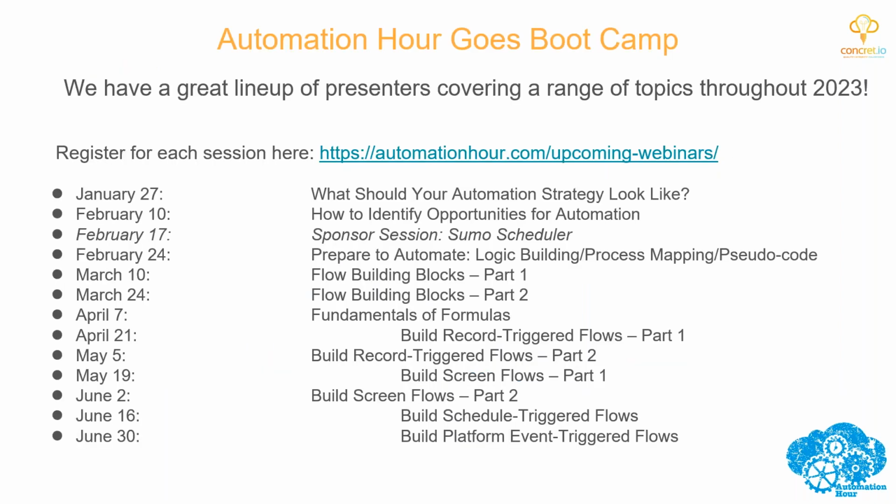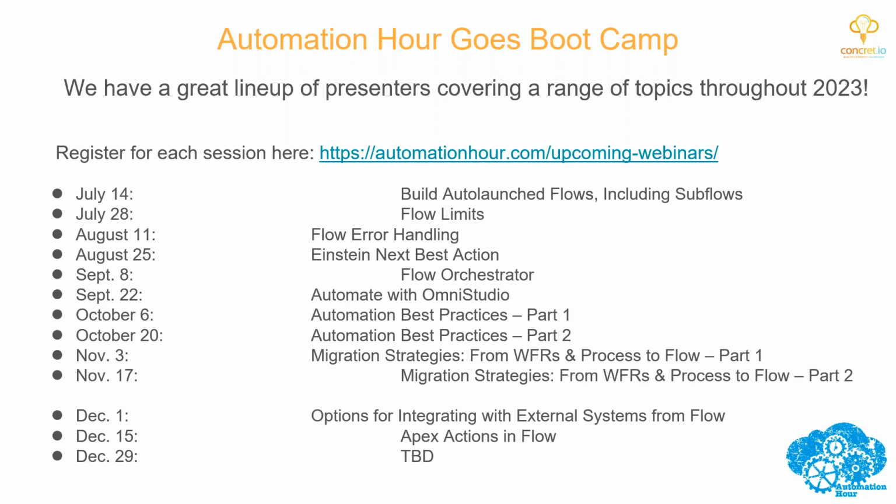All right, so we have gone boot camp this year. The first half of the year, we talked a little bit about strategy and how to prepare for some automation. And we jumped into how to actually build some of those things, the building blocks that you're going to have on your canvas. You know, what kind of record triggered flows and screen flows that you could build, schedule and platform event triggered. And as we've gone into the second half of the year, we have not only wrapped up kind of building those flows, but now we're also getting into some of the finer points.